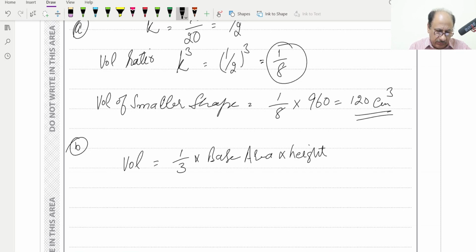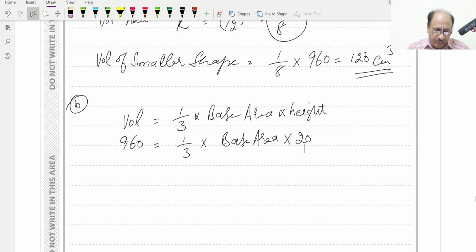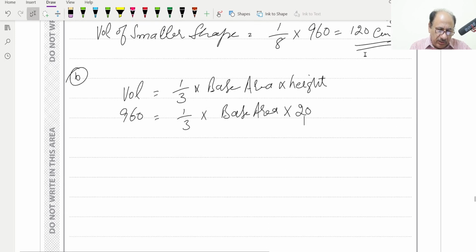So we can replace volume as 960 for the bigger shape, and this will be 1 by 3 as it is, and here it will be base area, multiplied by height, which is 20. Now for simplification, we will make base area the subject.